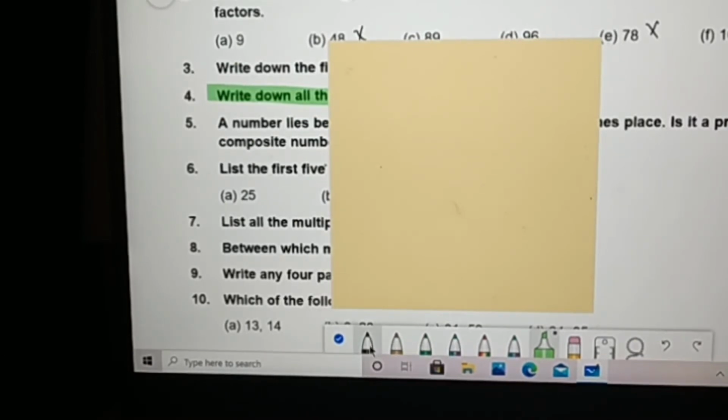So let's begin with 50. 50 is an even number. 51. Is 51 divisible by any other number? We check it mentally. When you divide it by 3, 3 ones are 3, then 3 sevens are 21, or 17 threes are 51. So 51 is not a prime number.